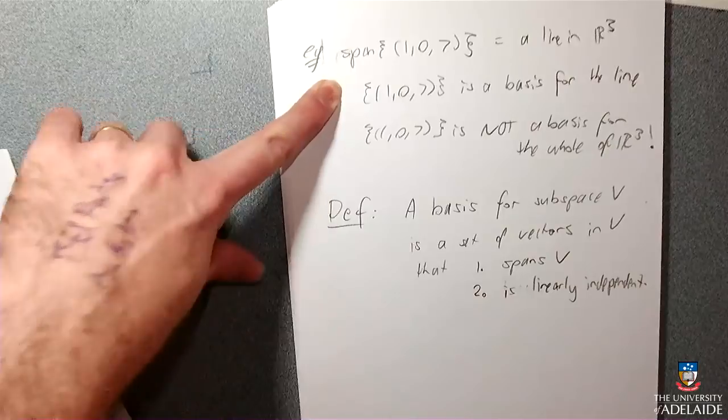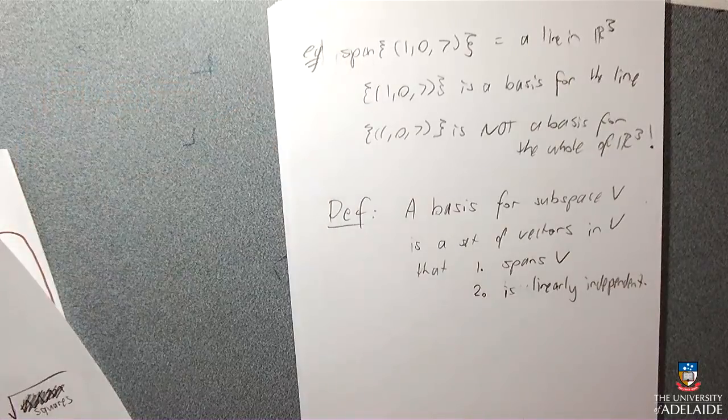When I do span, I automatically include the origin because 0 times something is a perfectly good linear combination. That's why subspaces always have to include the origin, because you're always allowed the combination 0 times u plus 0 times v plus 0 times w. These are very good questions.